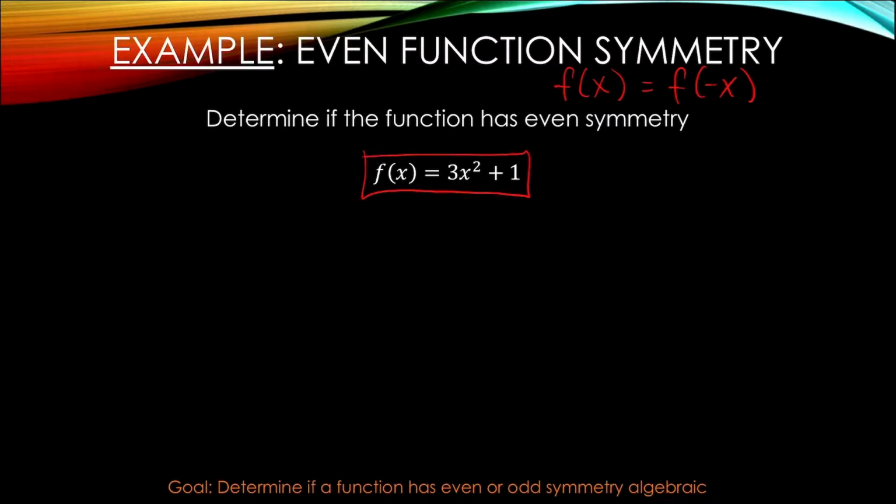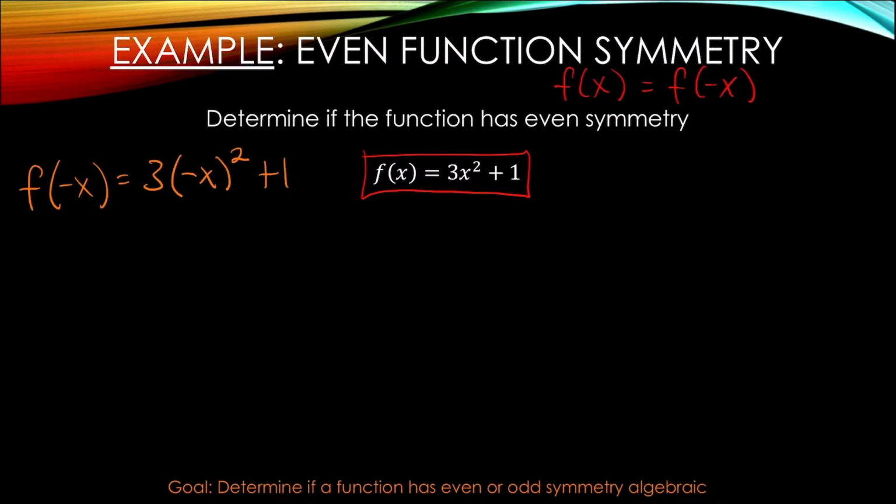Okay, so what we need to do is see if we can take the function of negative x, so f of negative x, and see if it still is going to remain the same. So f of negative x. Remember, anywhere I see an x, I'm now going to replace it with a negative x. So I have 3 times a negative x squared plus 1.